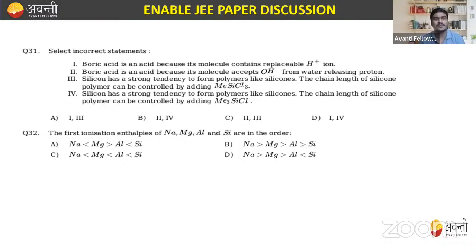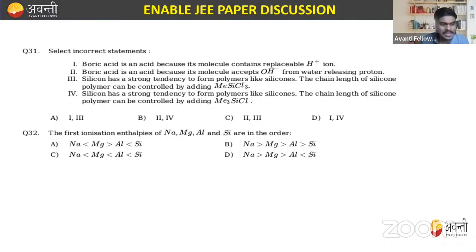So in this question we have to identify the incorrect statement. Statement 1 and statement 4, these two statements are incorrect. I hope everyone got first and fourth, that is option D. Most students must have attempted D, so whoever attempted D, yes, this is absolutely correct.